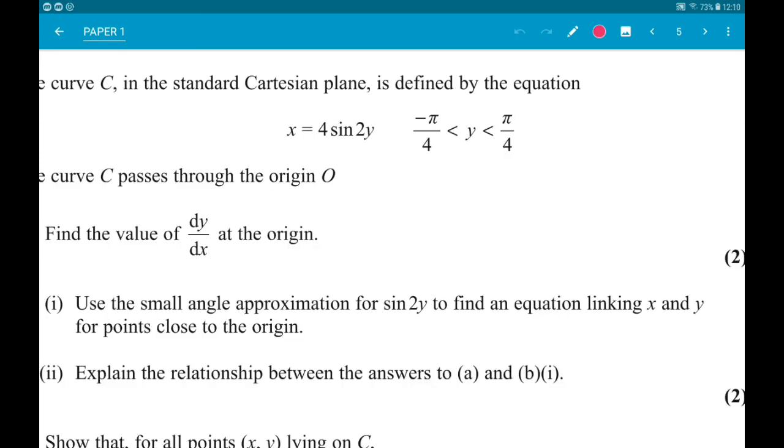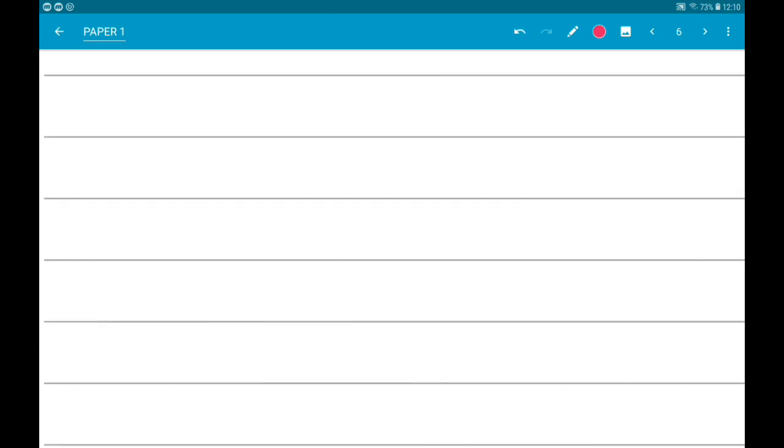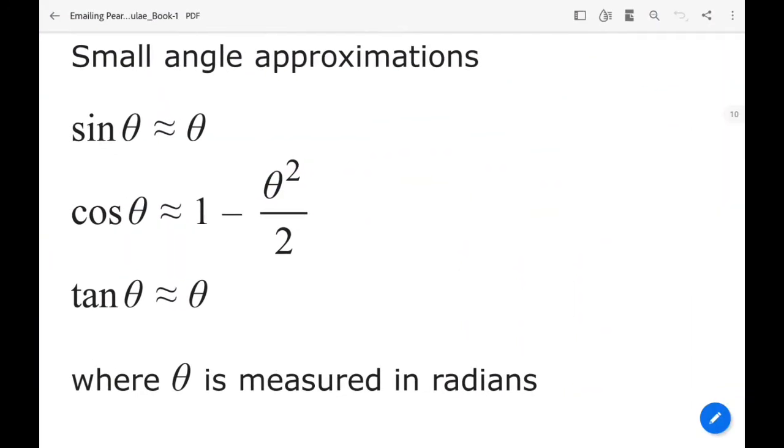Part B1. Use small angle approximations for sine of 2y to find an equation linking x and y for points close to the origin. Alright, so we are given these, so when theta is small, sine of theta is approximately theta.